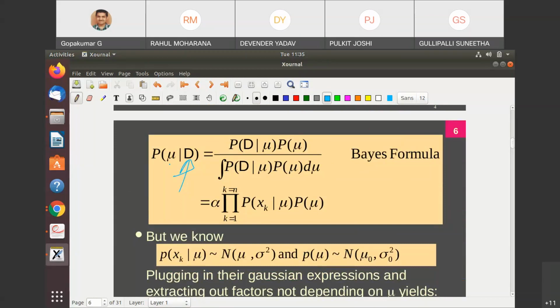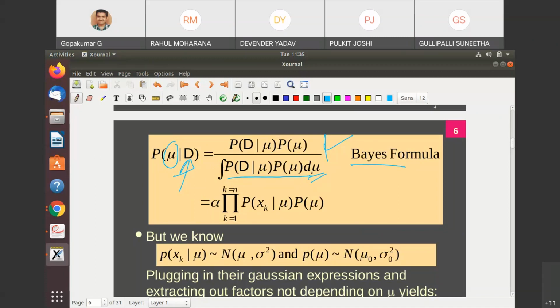Mu zero and sigma zero are going to be used to find this mu. So the probability of mu given d is this equation. This is the Bayes formula that we have discussed, with the probability of d given mu, and since mu is a continuous variable, an integral over the entire space of mu values.